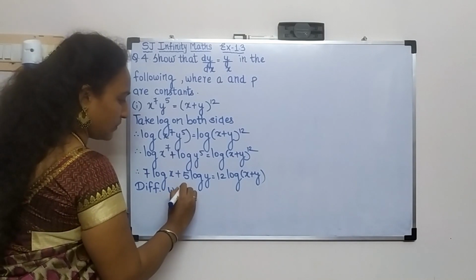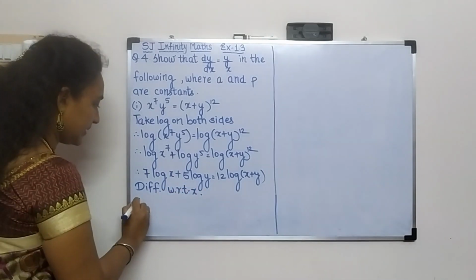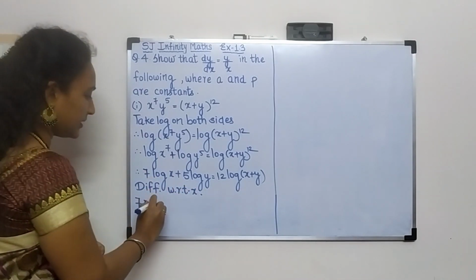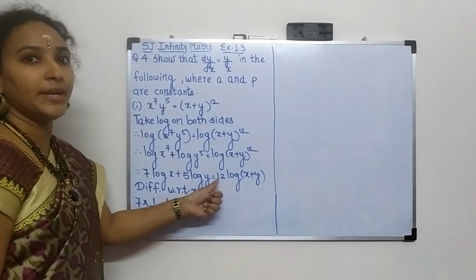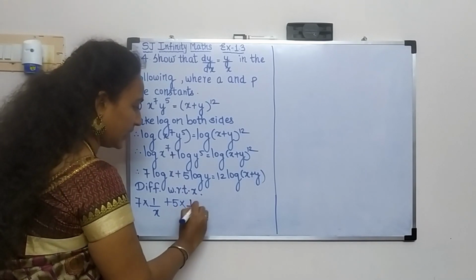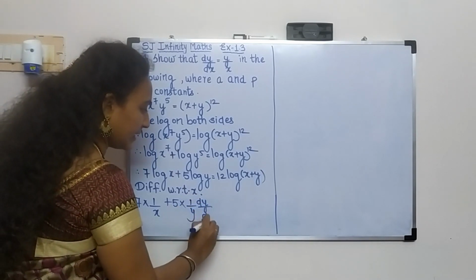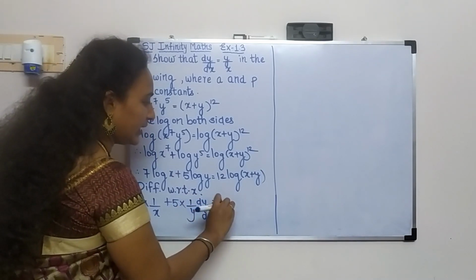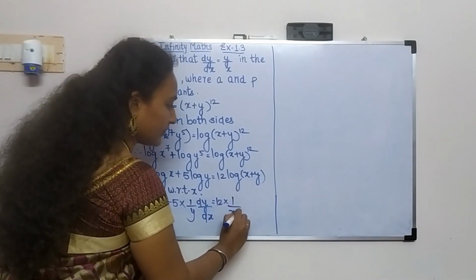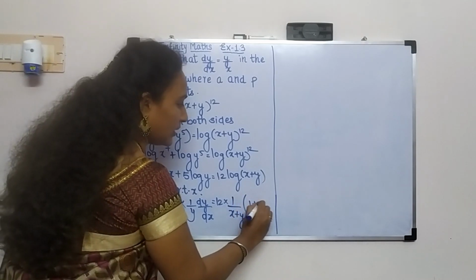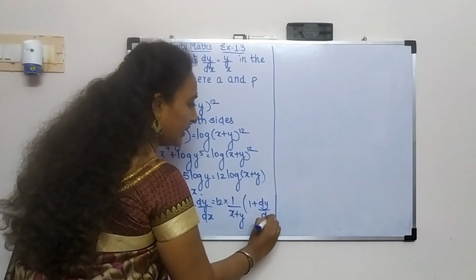Differentiate with respect to x. 7 into derivative of log x is 1 upon x, plus 5 into derivative of log y is 1 upon y into dy by dx, is equal to 12 into derivative of log of x plus y, which is 1 upon x plus y, into 1 plus dy by dx.